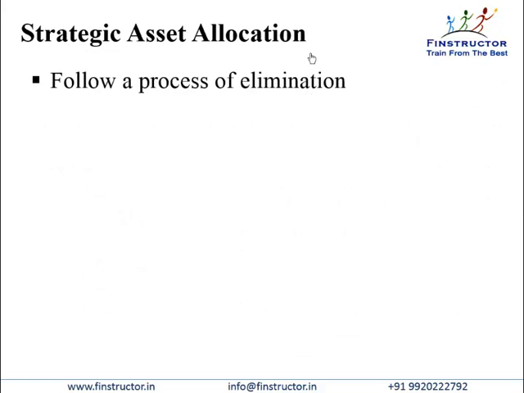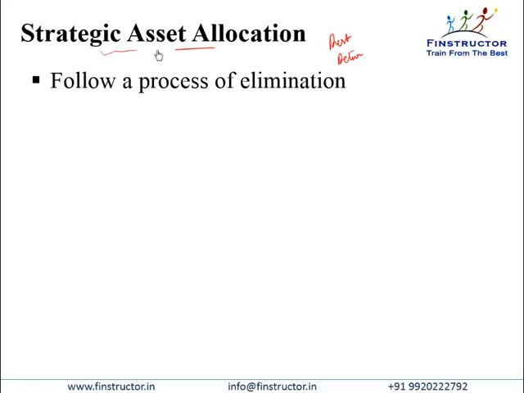So once you have created the portfolio for your client, you will have the risk tolerance, you will have the return requirement, and you will have all the constraints. As a follow-up to the IPS, you may often be asked to pick a strategic asset allocation.